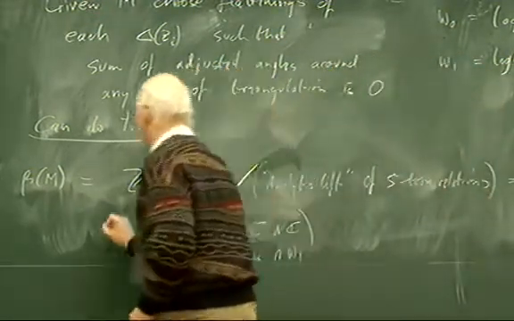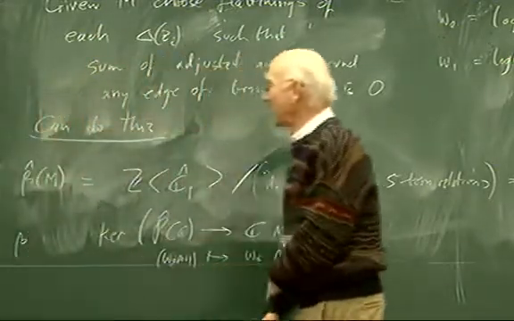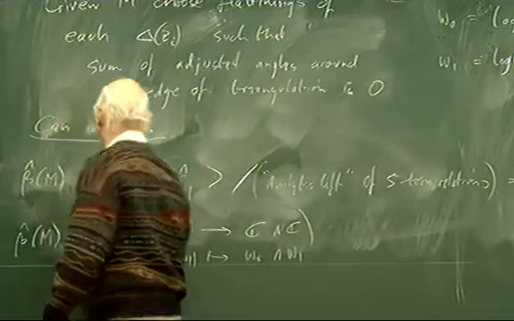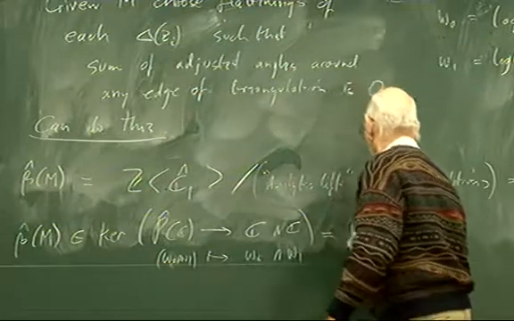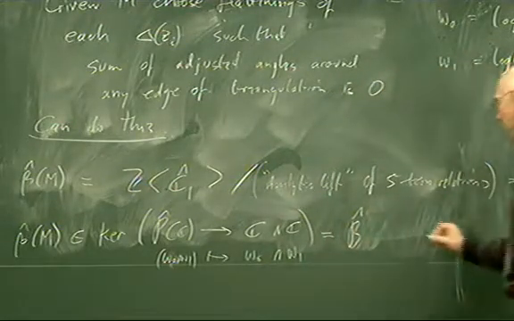And the kernel, I should put a hat on the beta now, beta hat of M, therefore it turns out lives inside of here, and this is what we call the extended block group, beta hat of C.